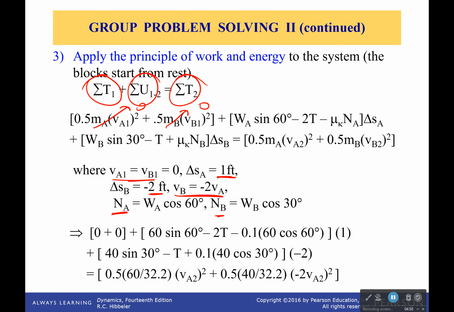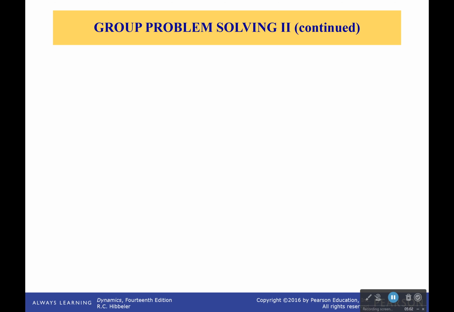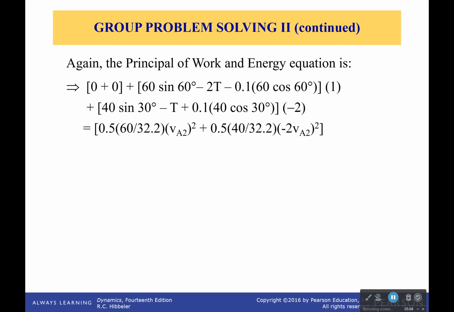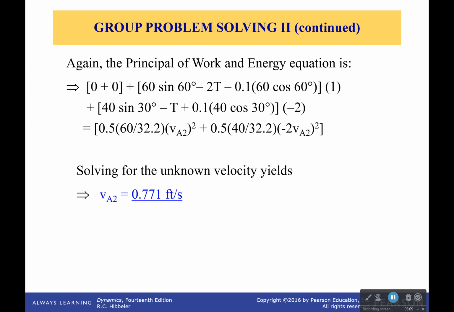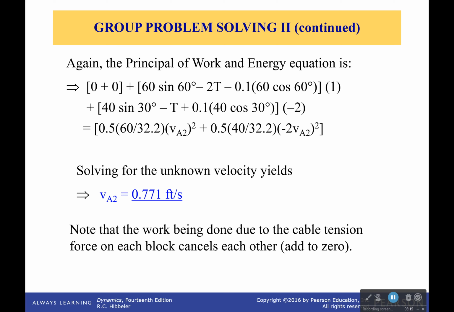So if we plug in everything we know, all that's left is tension and our velocity. With this, we can then solve. We get that our velocity is going to be 0.771 feet per second.